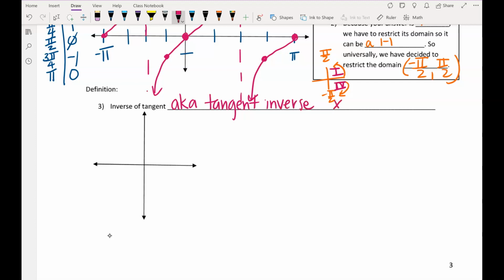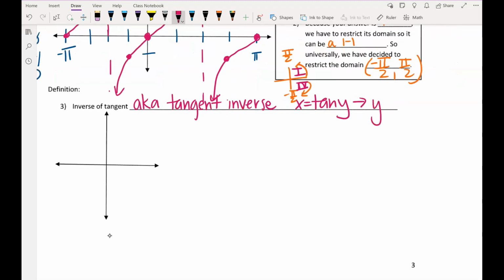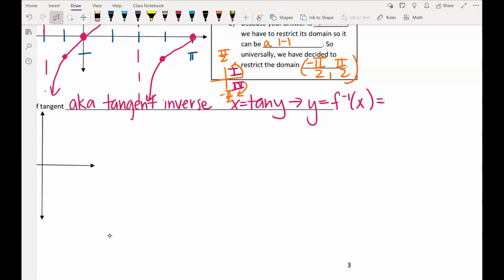We switch x for y, so x equals tangent of y, but we have to solve for y. So we write y equals, which is really f of x equals what, y'all? Yep, y equals f of x. What do we write next?